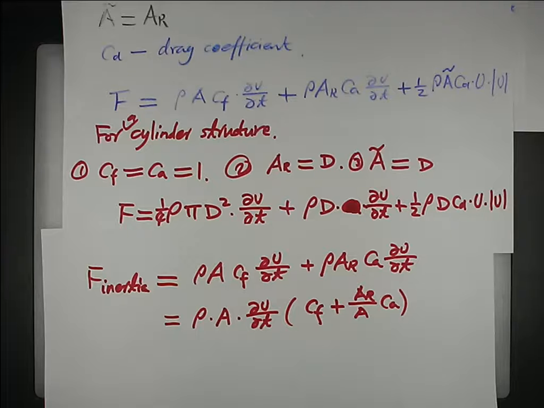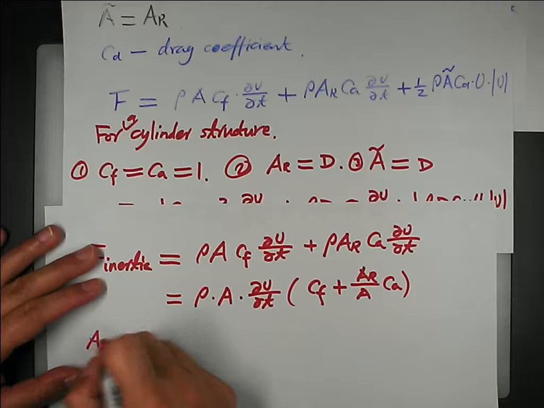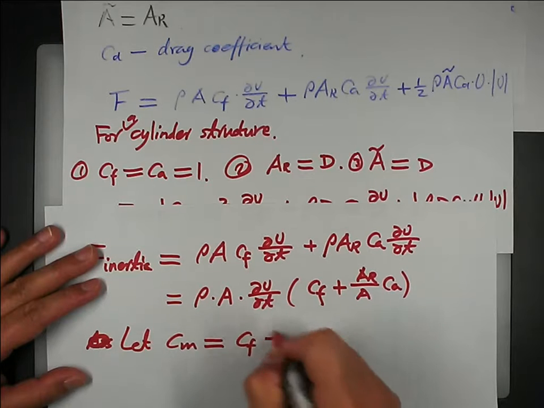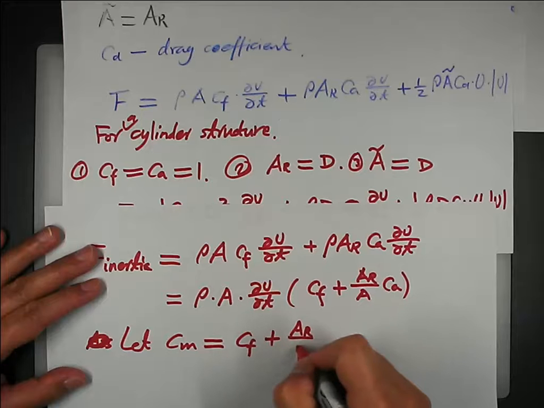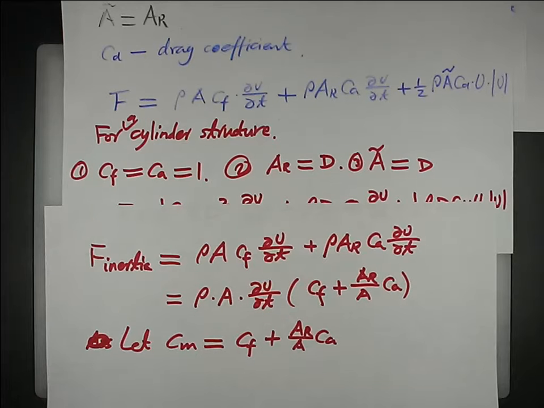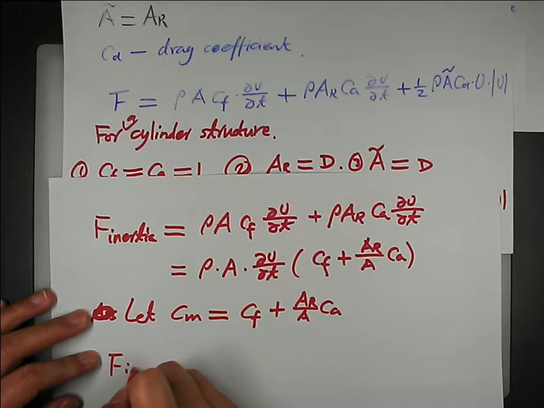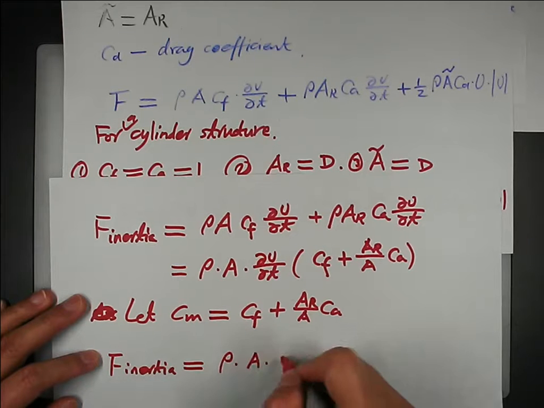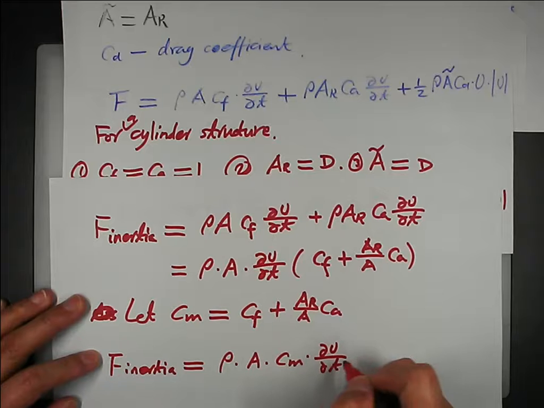This one, CF plus AR over A CA, we let CM equal to CF plus AR over A CA. Then we got F inertia is equal to rho A CM delta U delta T.